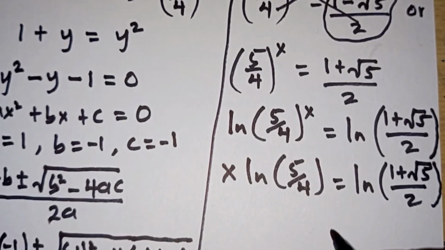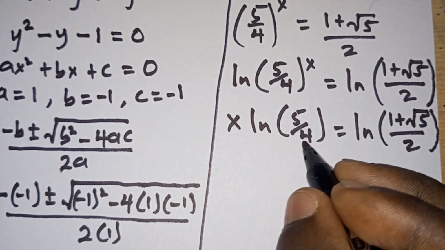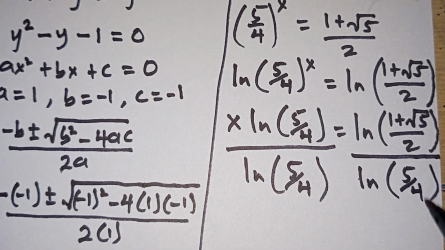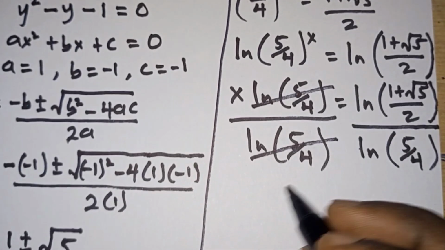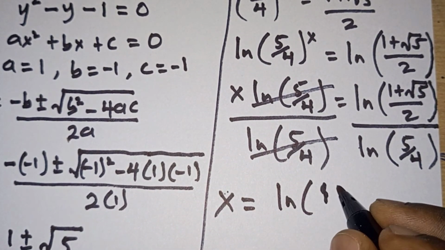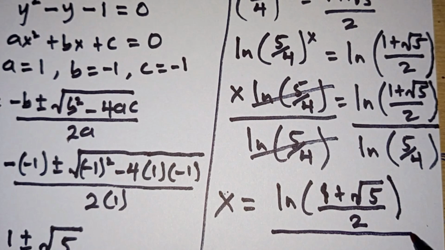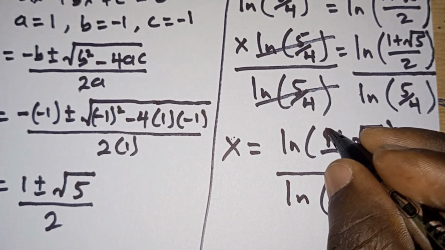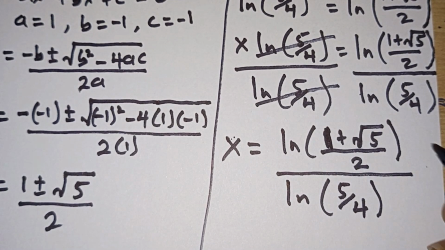We are looking for x, so let's divide through by this whole thing. And straight away, this and this one will go. Now we are left with x is equal to ln of (1 plus root 5)/2 divided by ln of 5/4. And this is our final answer.